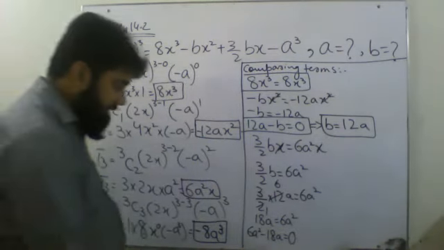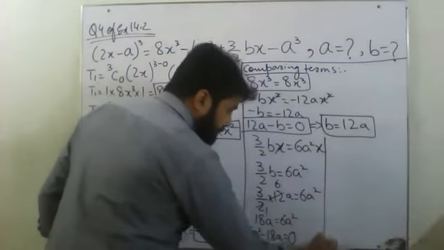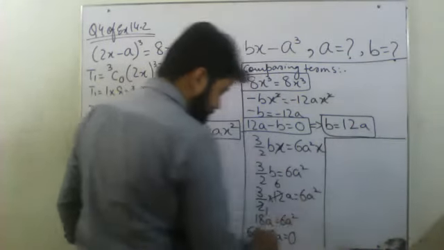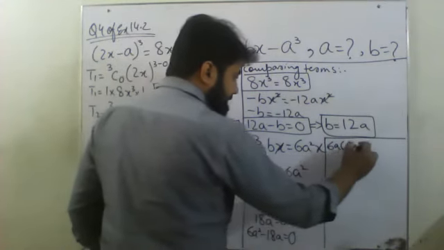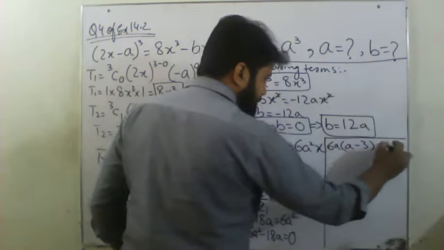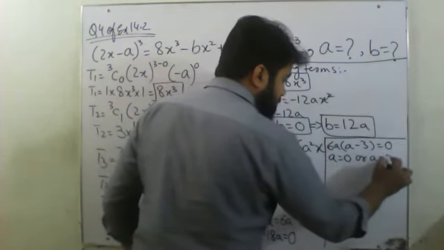Taking 6a common, a minus 3 equals 0. So the value of a will be either 0 or 3.